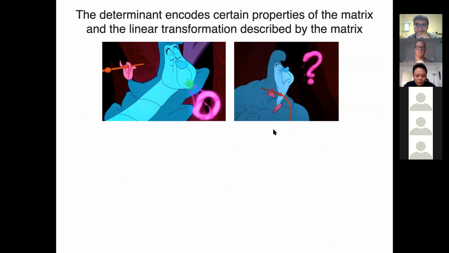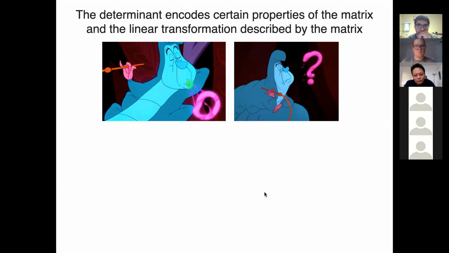Okay, so let's take a second now. We've talked about the mechanics of calculating determinants, but what about these amazing properties of the determinant? What is it actually encoding about this matrix and the linear transformation described by the matrix?